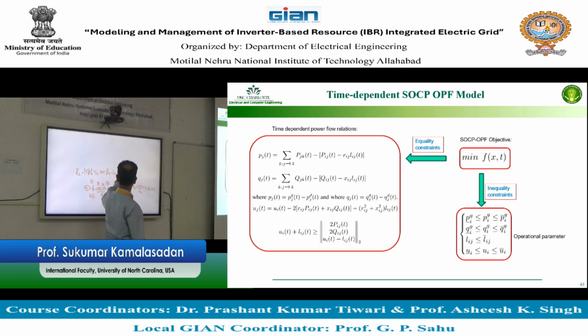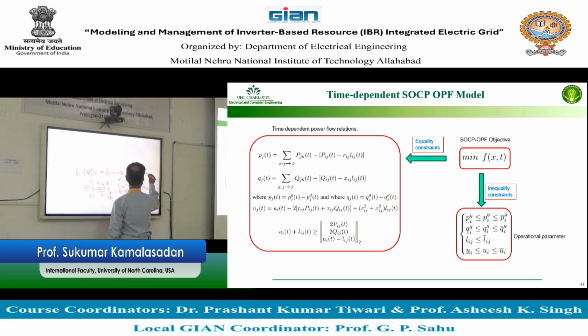This is 90 degree, cos 90. It just happens to be sine, and sine delta 1 minus delta 2. Good. What happens if I say delta 1 minus delta 2 equals delta? Then this P12 is V1, V2 over X12 sine delta.